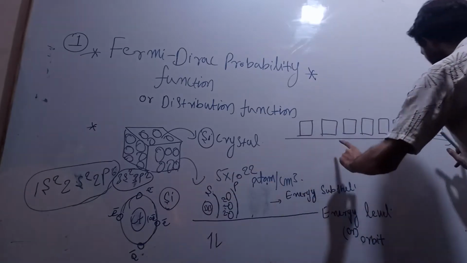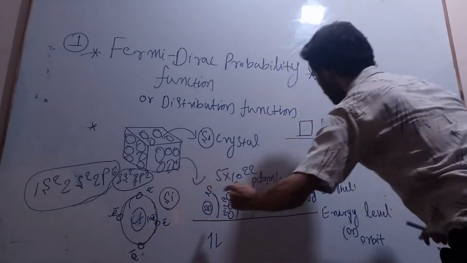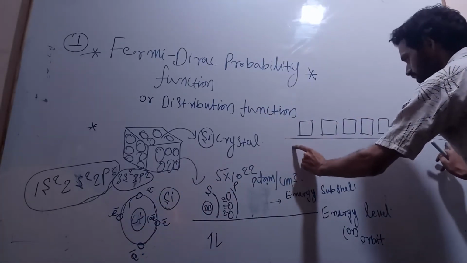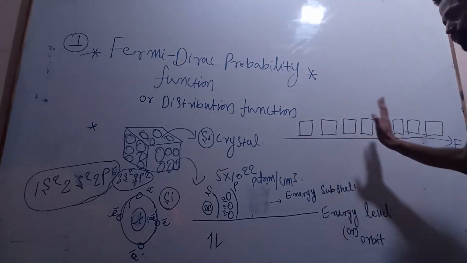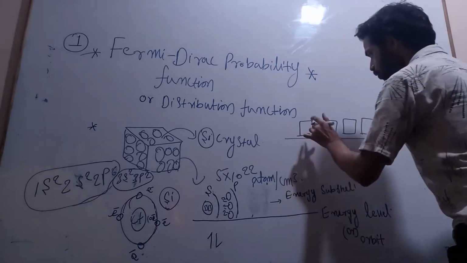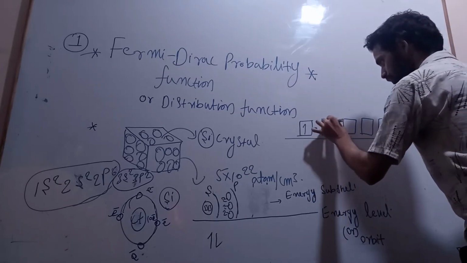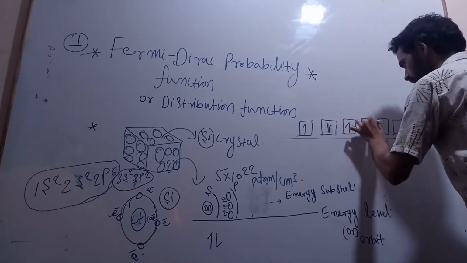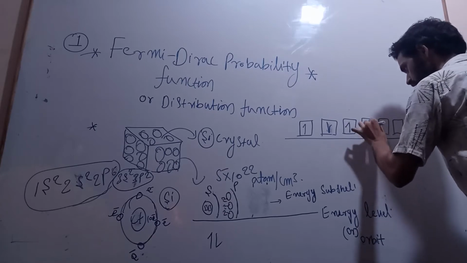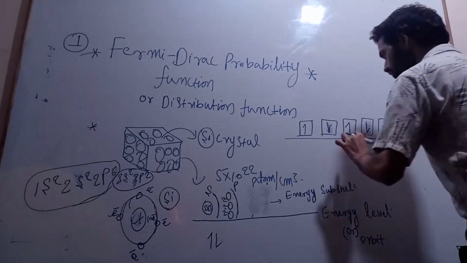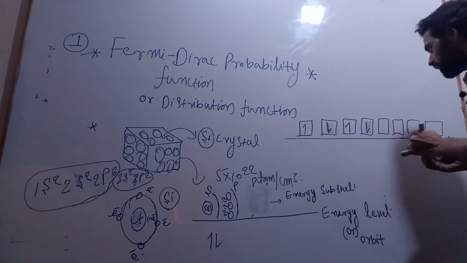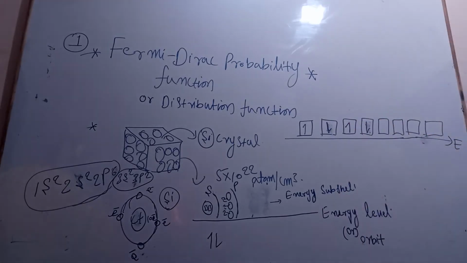One silicon atom has this one energy level, and this energy level has how many quantum states? Eight. Out of eight quantum states, four are filled by electrons, and four are empty.